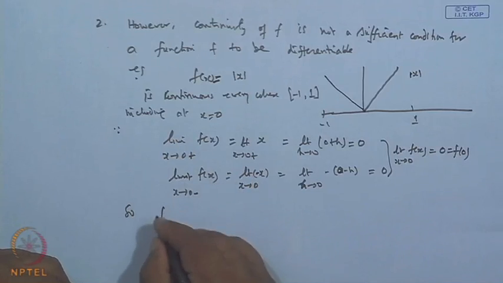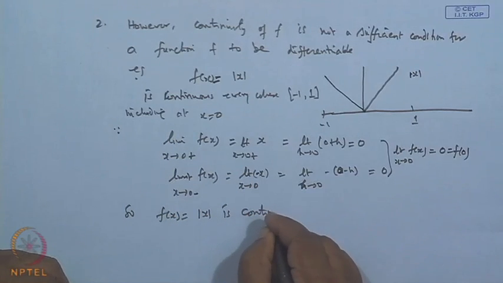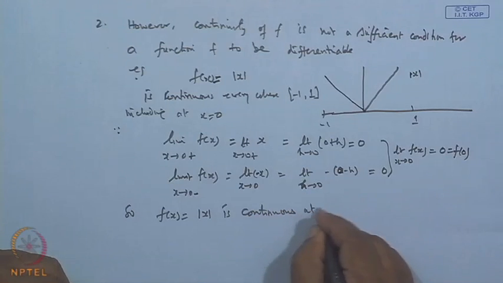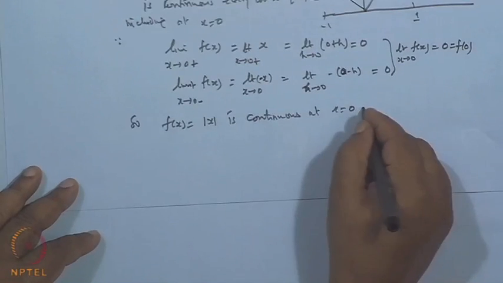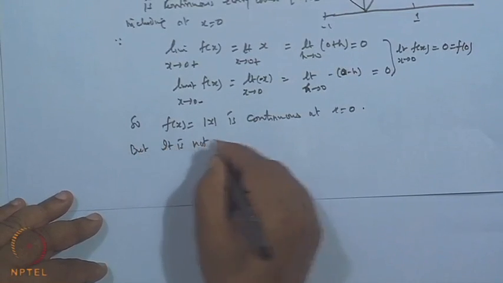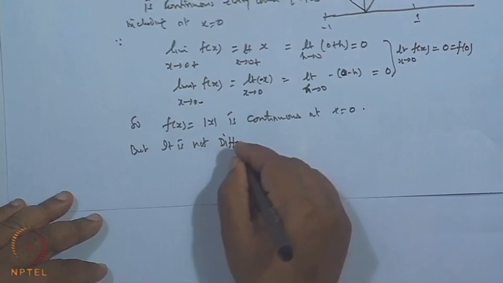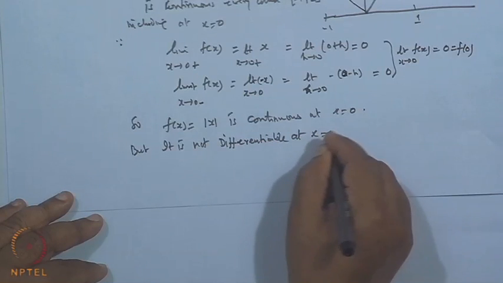So the function f(x) = |x| is continuous at x = 0, but it is not differentiable at x = 0.